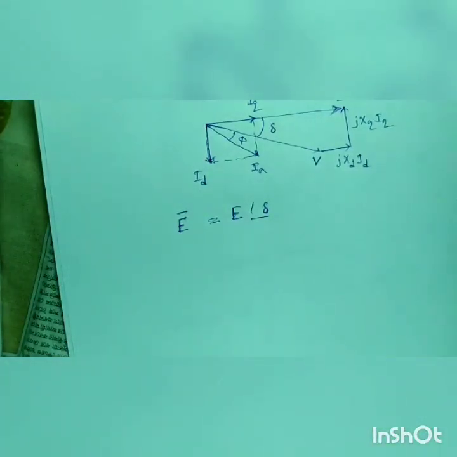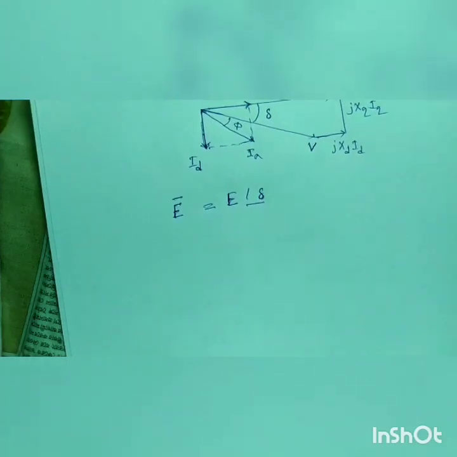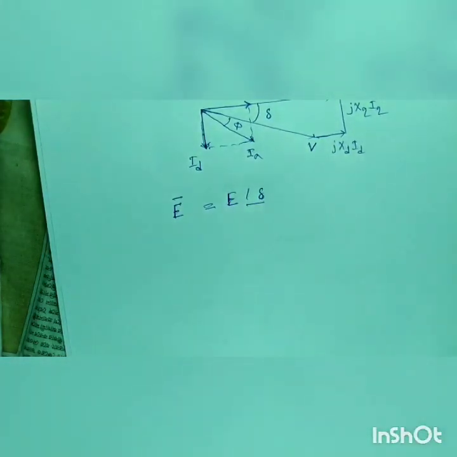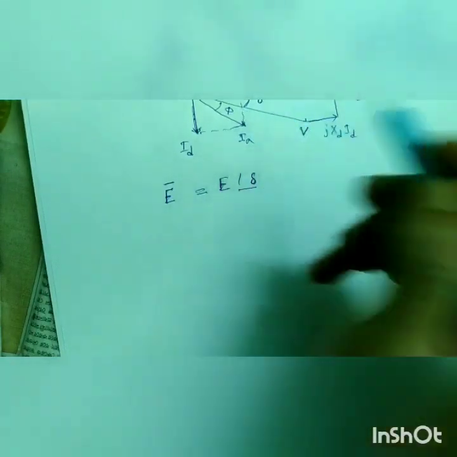That is one of the differences between a synchronous motor and a synchronous generator. And psi is the angle between the induced EMF and the load current IA.